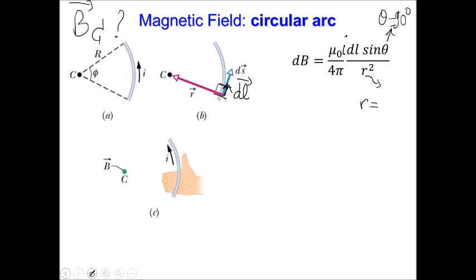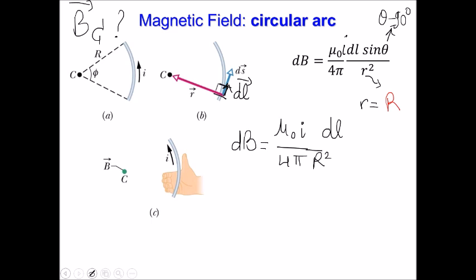So that's the radius. All right, so with this information, I can write dB equals mu 0 I dl sine theta over 4 pi, and we have capital R squared because that's a constant.